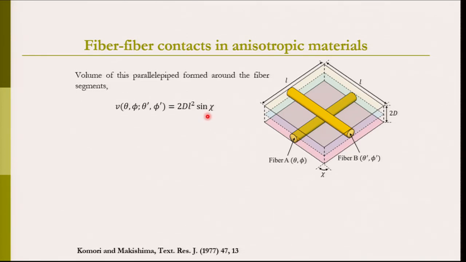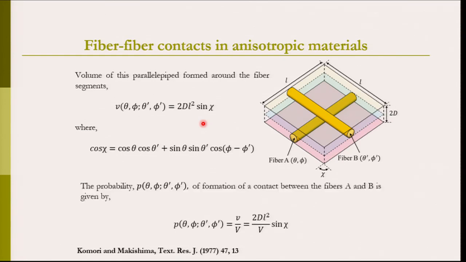So, the volume of the parallelepiped formed around the fiber segments would be equal to 2d into L square sine of chi, where we know that chi is a function of theta, theta dash, phi and phi dash.